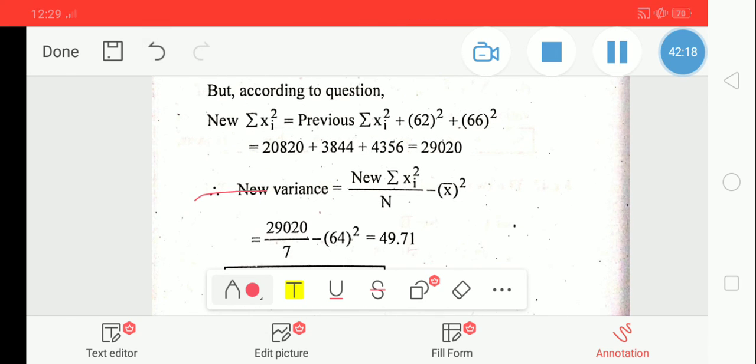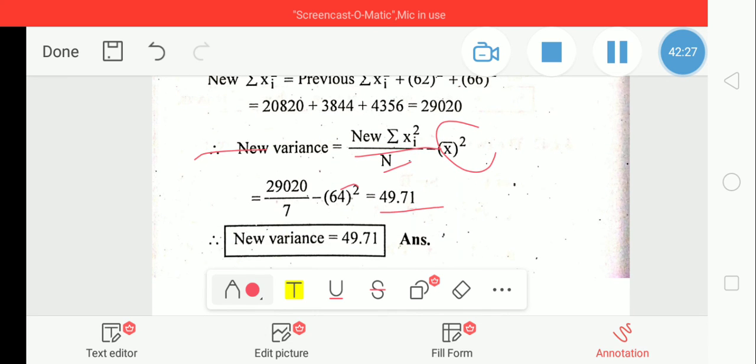So new variance is new summation of xi square divided by n, n is 7, minus mean 64 square, that is 49.71. So new variance is 49.71.